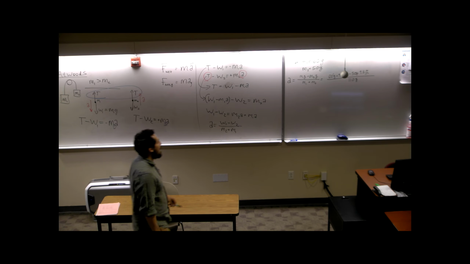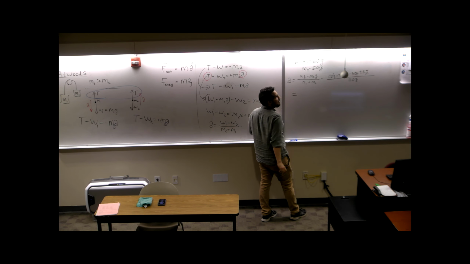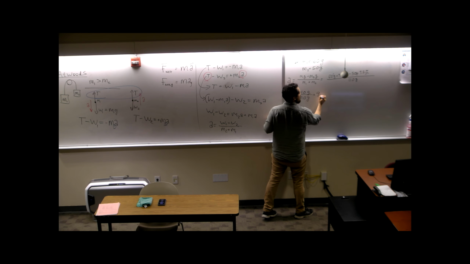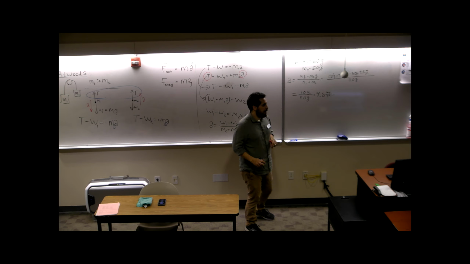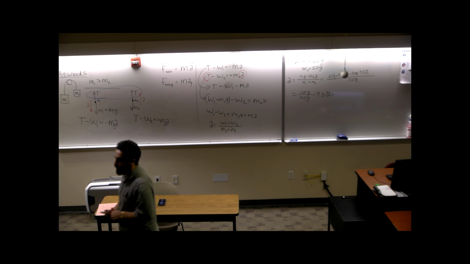Doing a little bit of math, I'm going to do the algebra real quick. So 60 minus 50 would be 10 grams over 110 grams multiplied by 9.8. Or you could do 1 over 11 times 9.8. What do you get when you do 9.8 divided by 11?